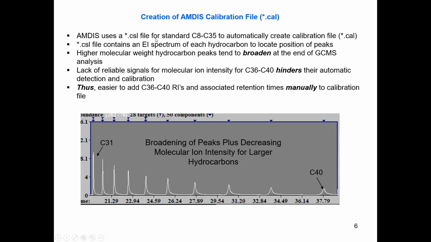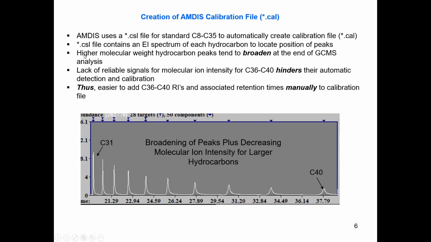AMDIS uses a CSL file for the standard C8 to C35 hydrocarbons to automatically create a calibration file, .cal. This CSL file contains an EI spectrum of each hydrocarbon to locate the position of the peaks.